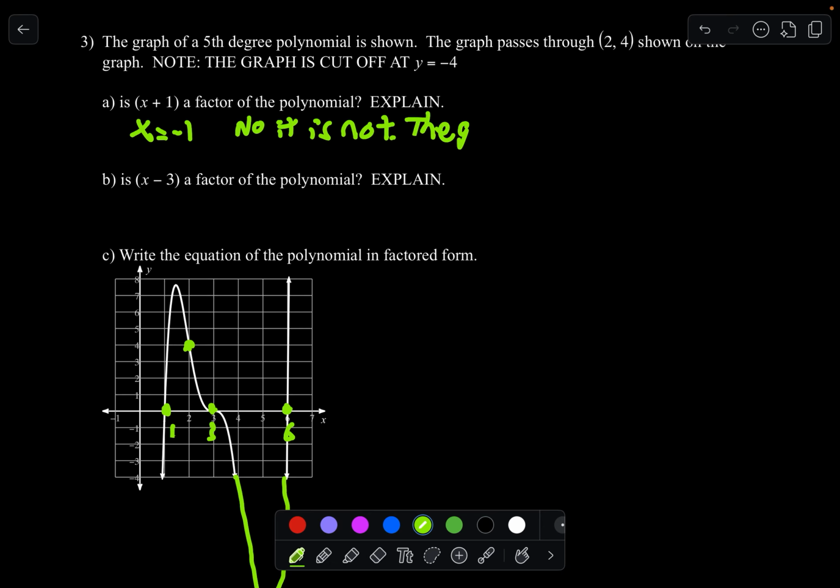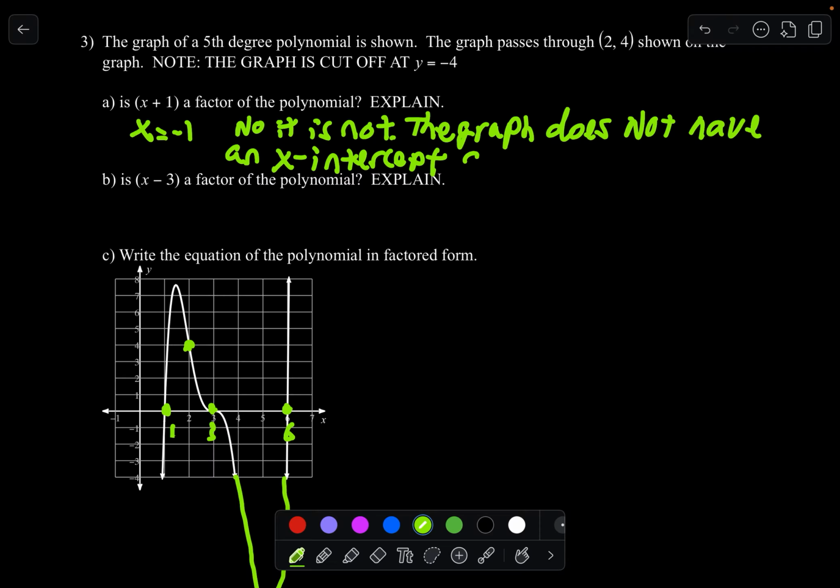The graph does not have an x-intercept at x equals negative 1.